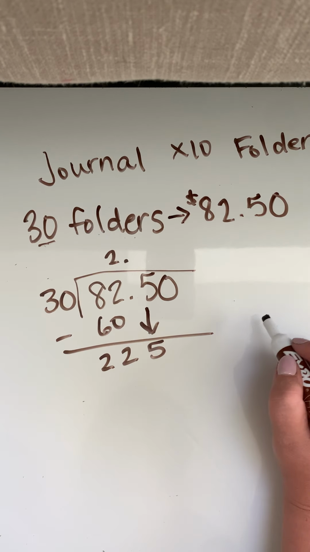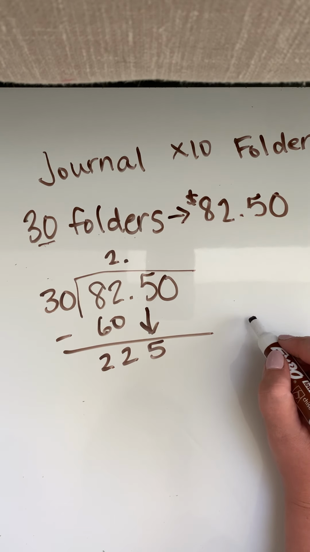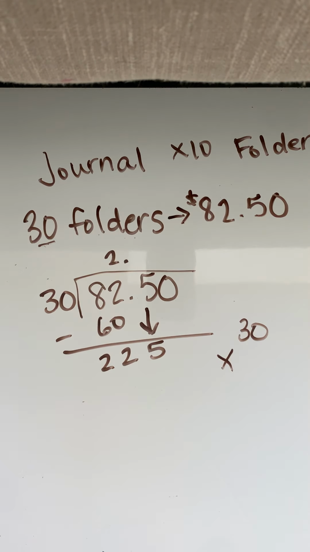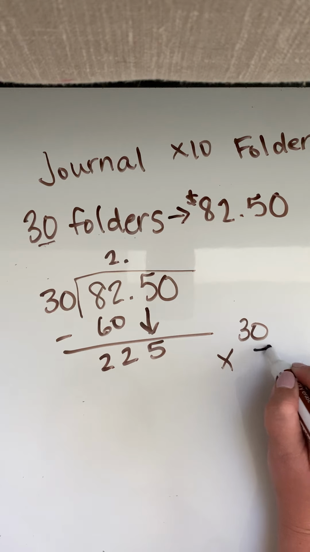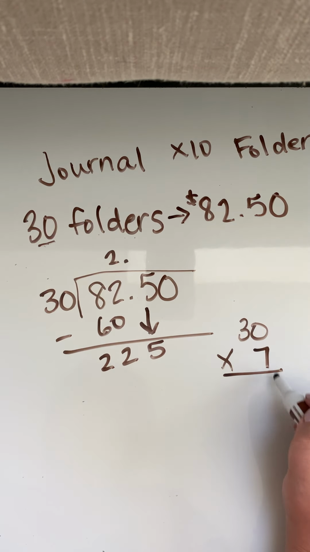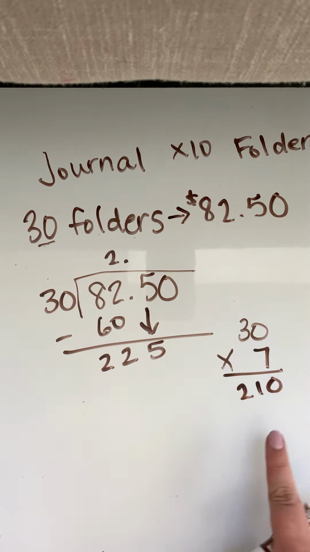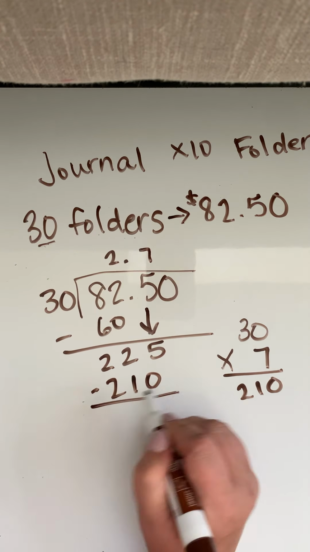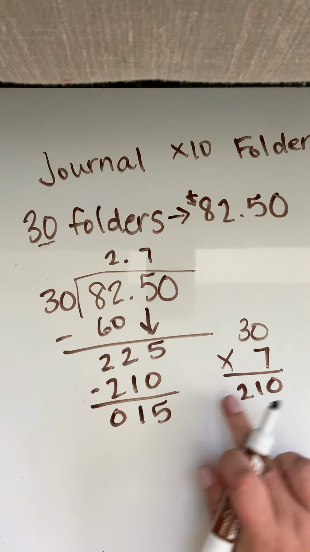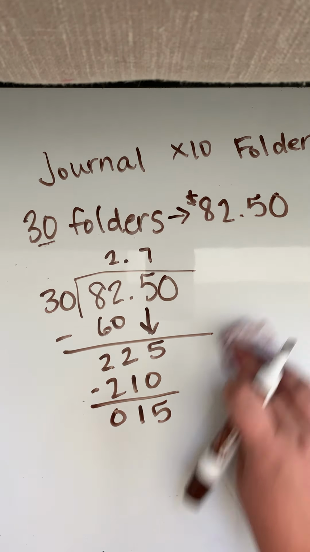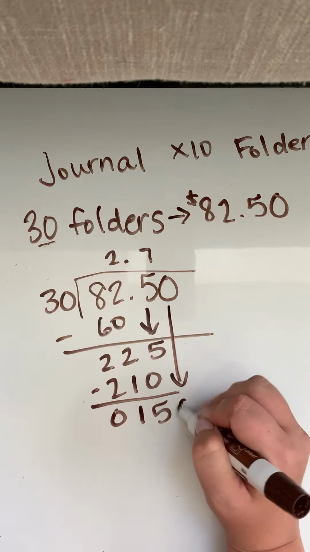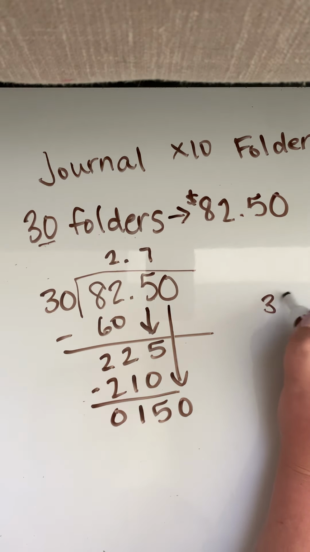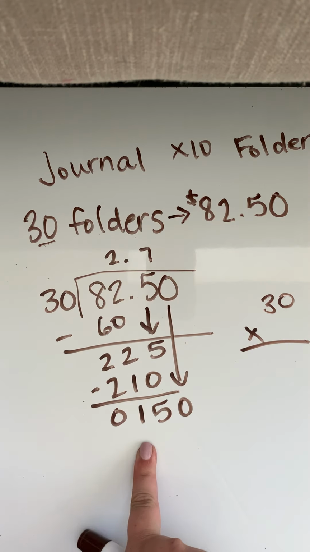So then I have 30 times, let's try 7, 0, 21. Yep, that's pretty close. Now I've still got to bring this guy down. Now I'm going to go ahead and take a look. 30 times what's going to get me close to 150.